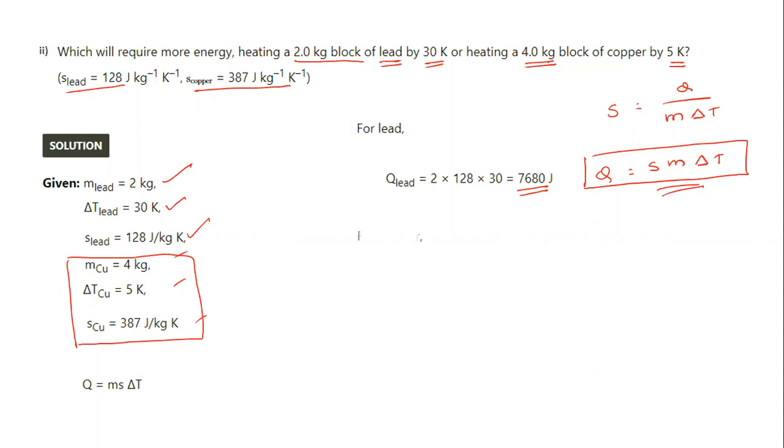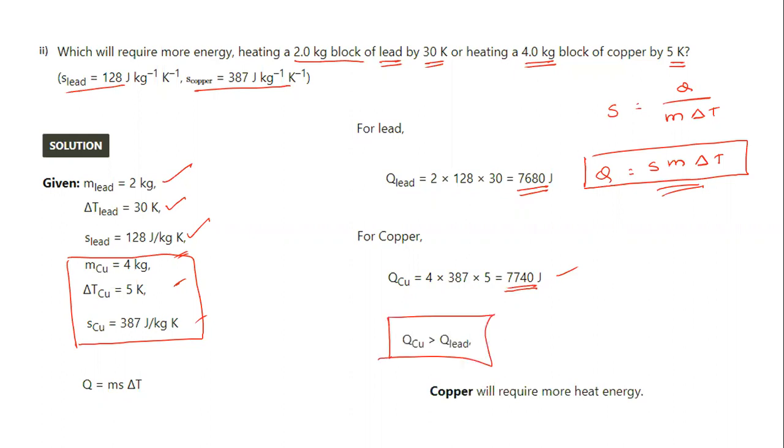Similarly for copper, it is 4 into 5 into 387, which is 7740 joule. Now you can see which one is greater: the heat for copper is greater. It means copper takes more energy to heat. So this is the conclusion: the answer is copper will require more heat energy. I hope everyone understood this question.